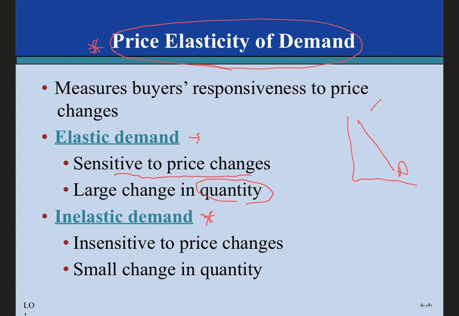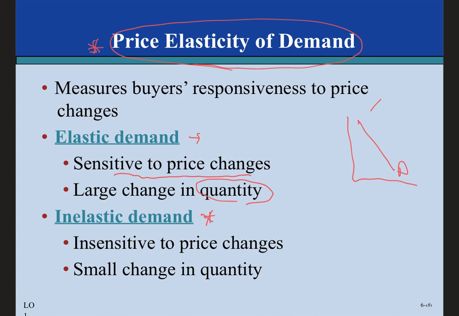In the long run, maybe we get a different car or something like that. But in the short run, you've got to get to work, you've got to go to your college visit, whatever it is, you need to have access to that gasoline. So you're going to buy it, even if it goes up 10% or 20% or maybe even 50%. In this case, inelastic demand, insensitive to price changes, price insensitivity, and we can see a very small change in quantity as a result of a percentage change in price.